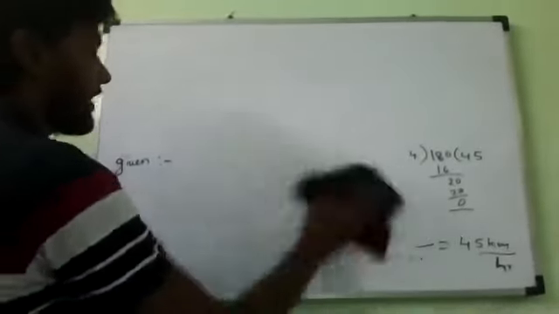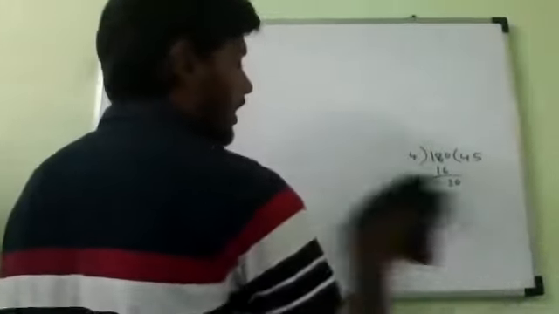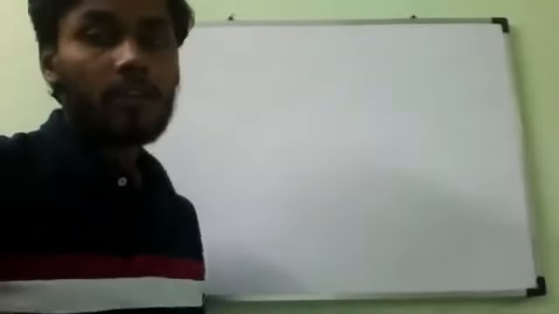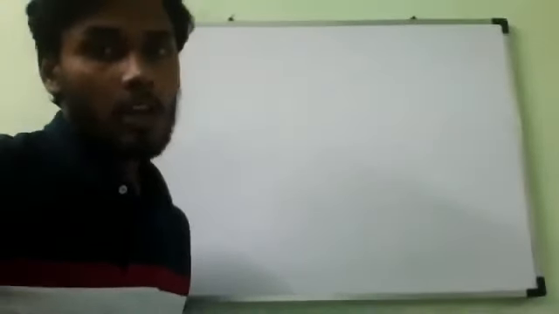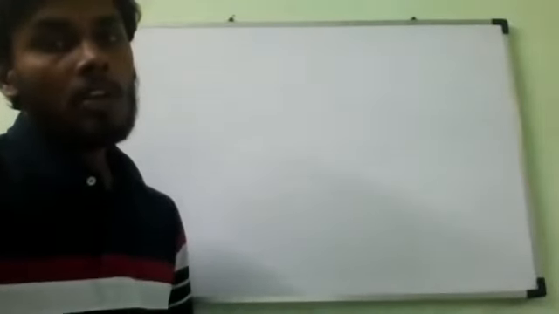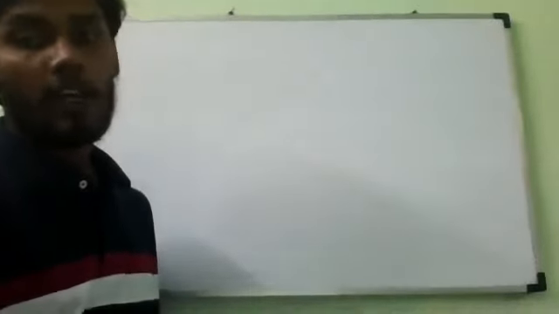All of you write. This is a very important sum. You can keep it as a very important sum. Understand? A car travels 30 kilometers at a speed of 40 kilometer per hour.